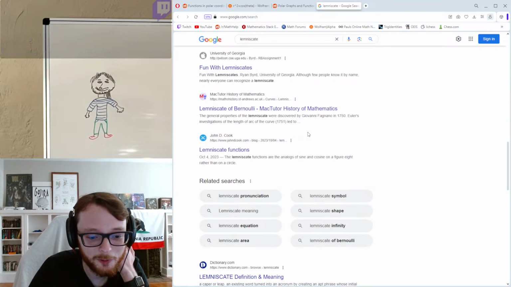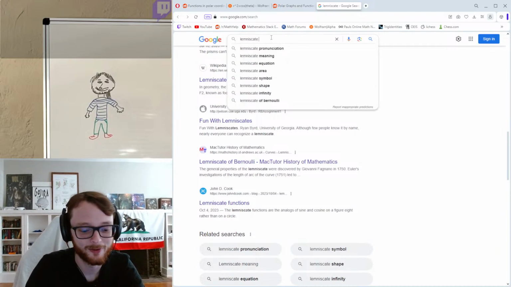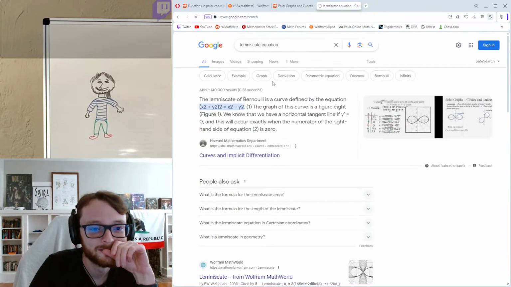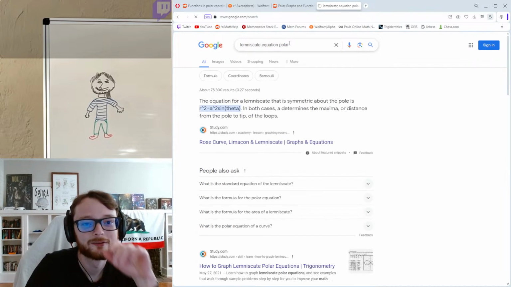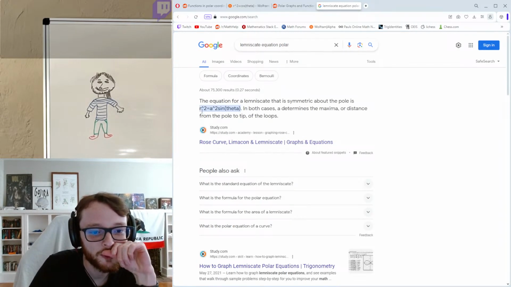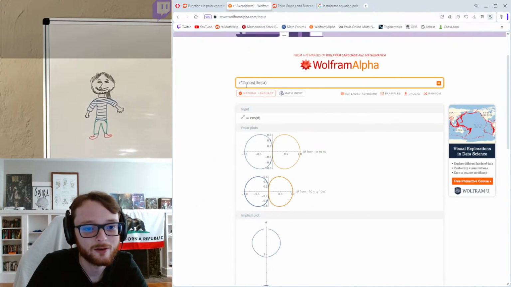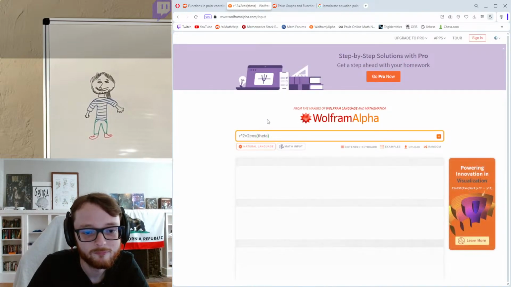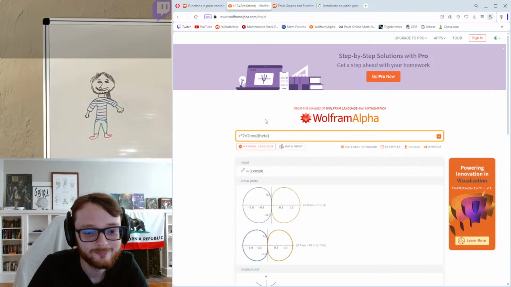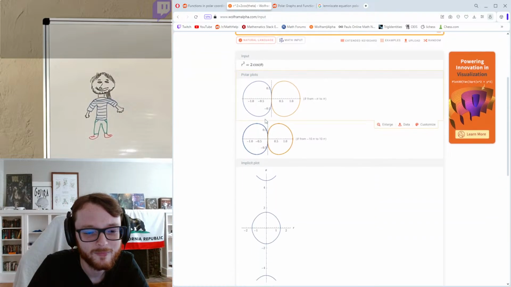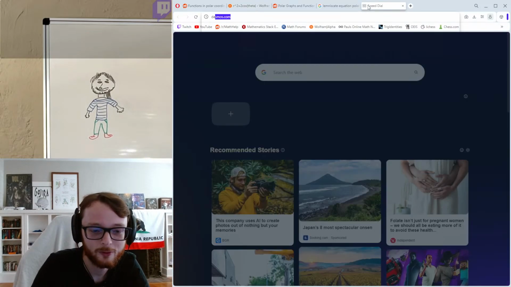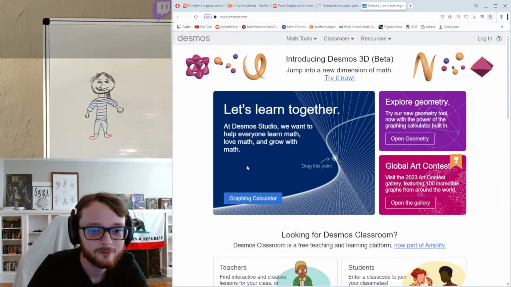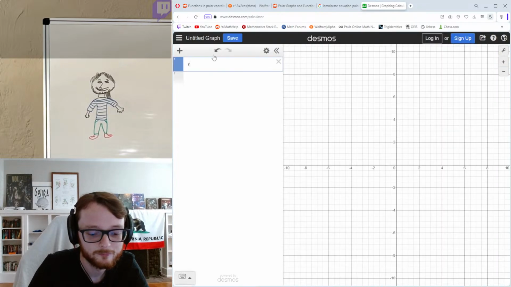Why would no one tell me the equation of a lemniscate? Polar. R squared equals a squared sine theta, so maybe this needs to not be 1. 2. Let's go to Desmos. I don't trust you, Wolfram.